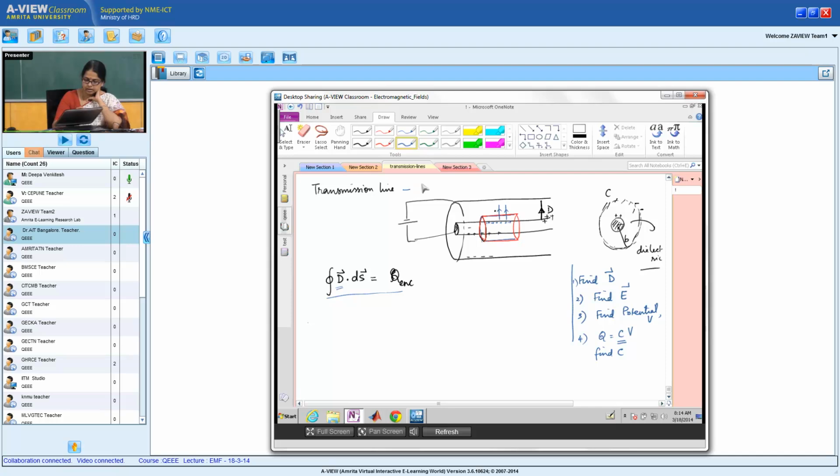right? So you are trying to find the C, the capacitance per unit length of the transmission line, and the plan is to do in this fashion. This is the algorithm. To find D, you are using Gauss law. All right.